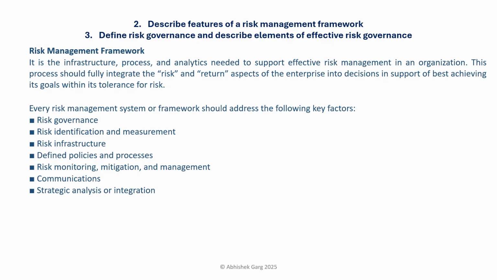Communications refers to communicating about the risks that are taken to each and every concerned party. Then comes your strategic analysis or integration. It basically refers to analyzing all activities to find out the value adding activities so that you can focus more on them.